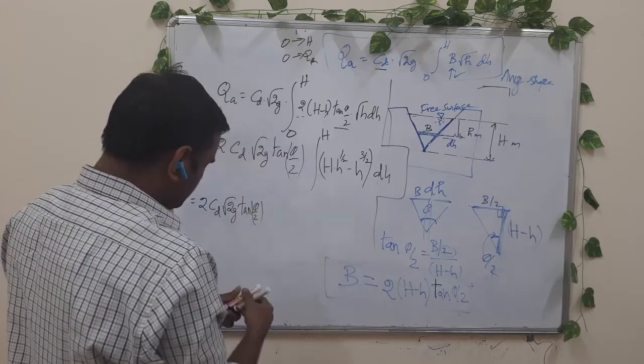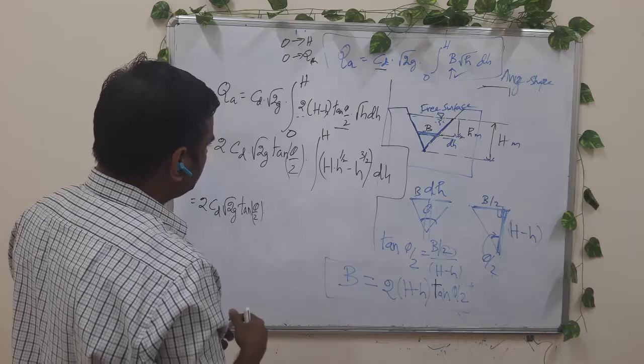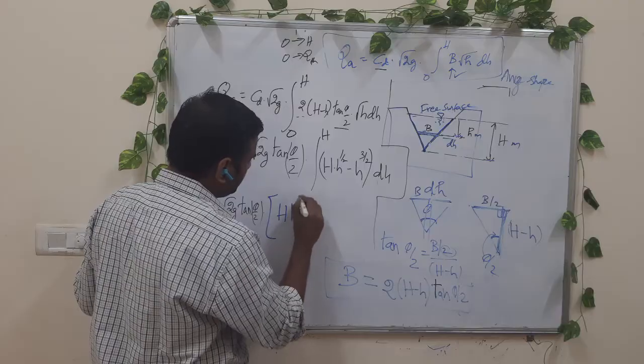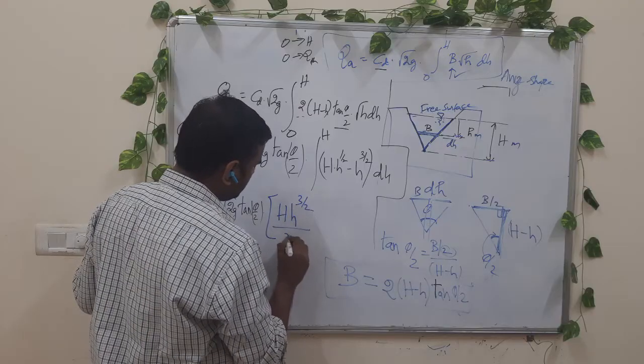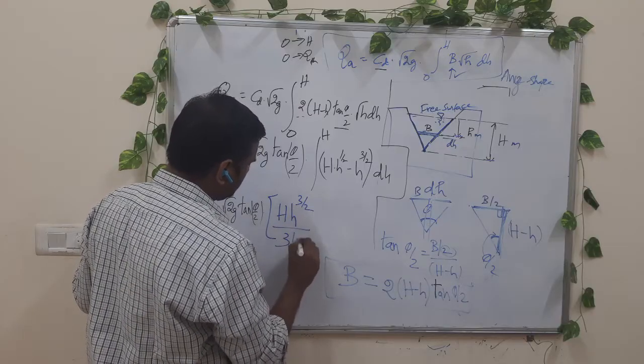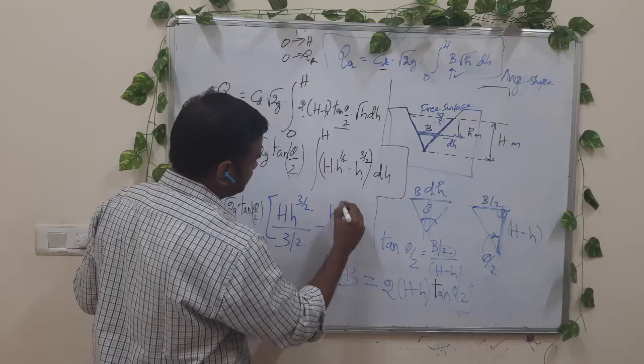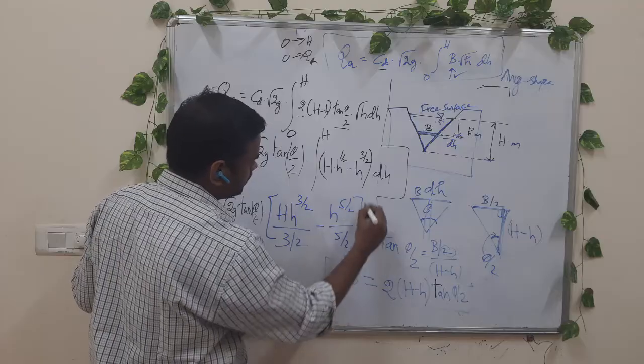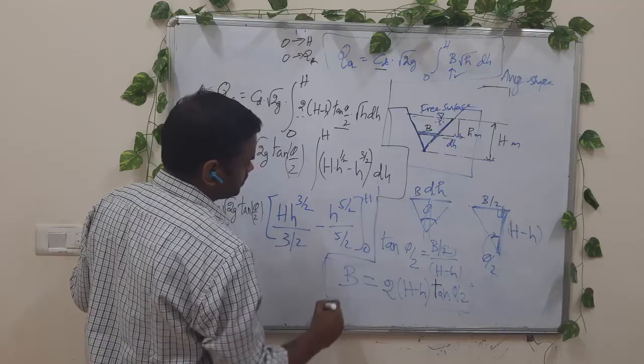Okay, now what is the integration here? H into, after integration what you get is H into small h power 3 by 2, okay, divided by 3 by 2, minus h power 5 by 2 divided by 5 by 2. The integration limit is 0 to H, we have to substitute.